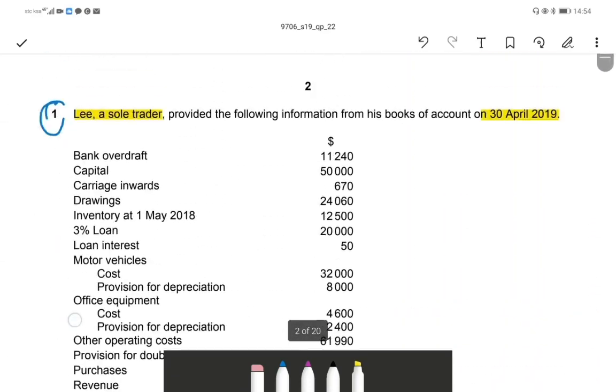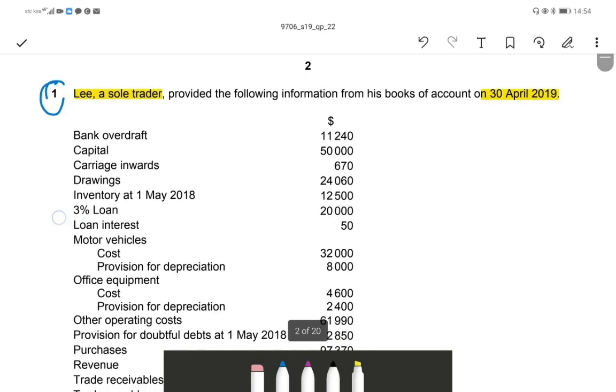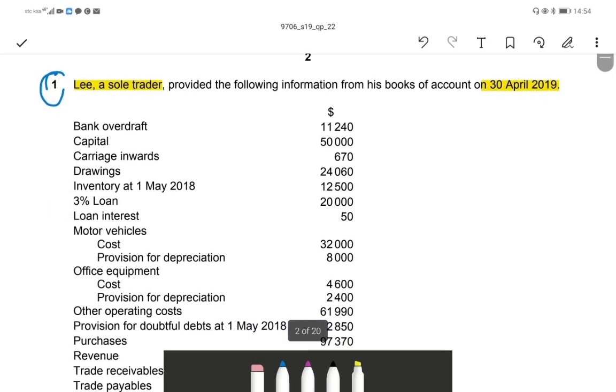So what is the equation to calculate the gross profit in the income statement? We calculate gross profit in the trading section and net profit in the income statement.